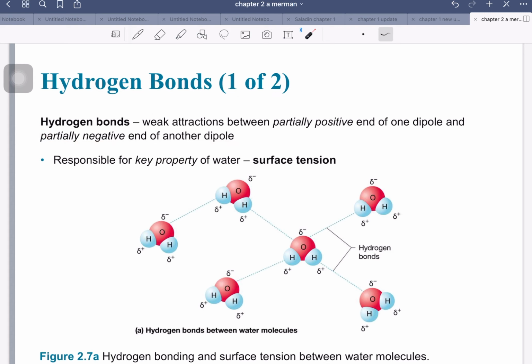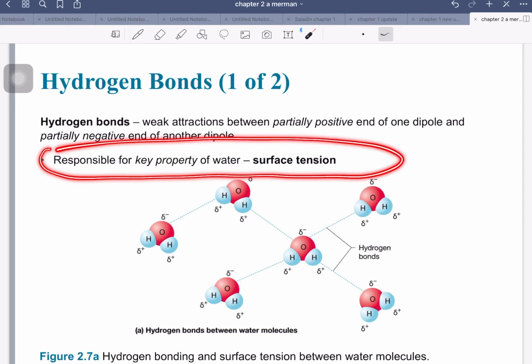So this is the weak attractions between partially positive ends of one dipole and partially negative ends of another dipole interacting. Now, of course, this is very important in the world of biology because this is what keeps water molecules together. So water has a fair amount of cohesion to it.